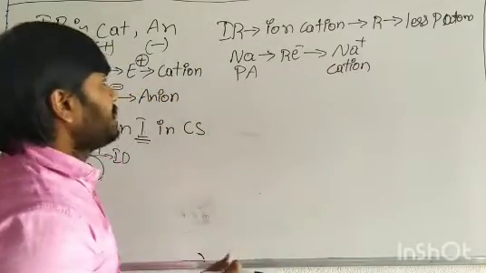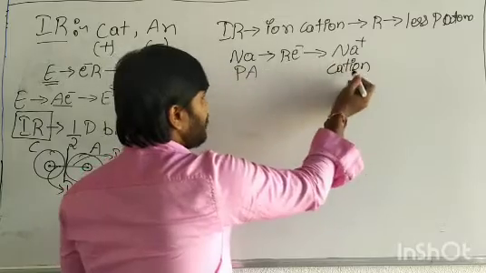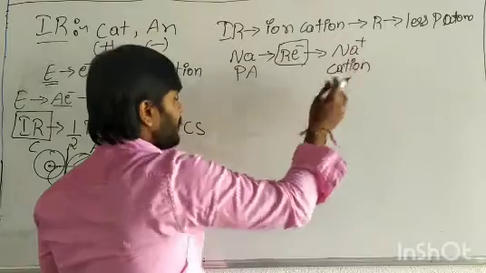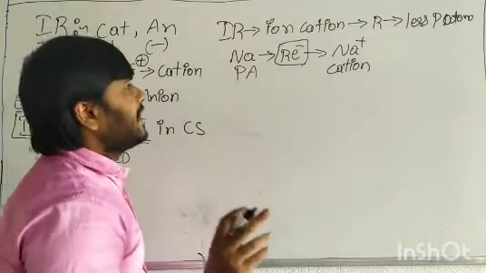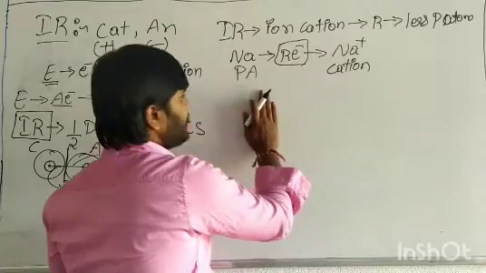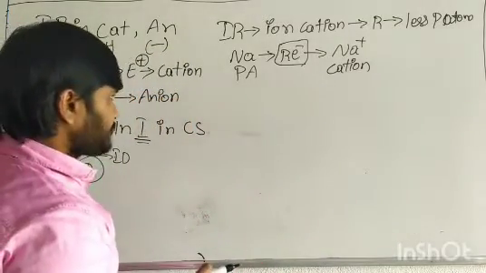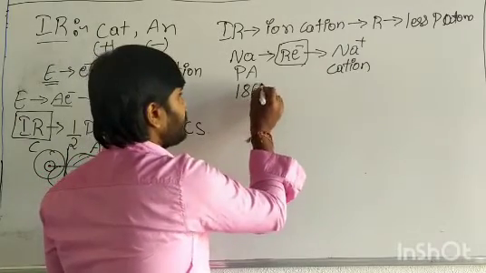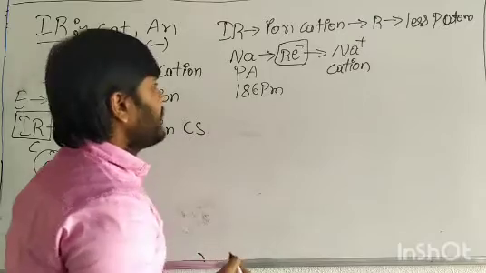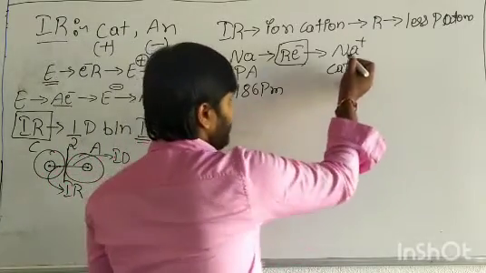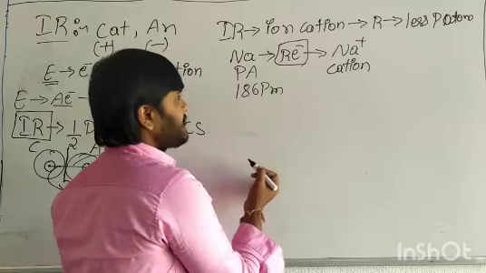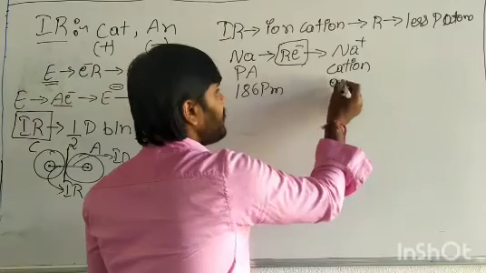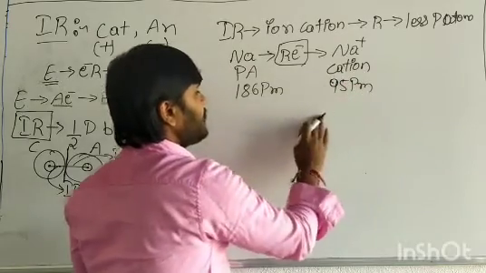Here you observe that if the atom is converted to a cation, by losing an electron, its radius will be less. Sodium has a radius of around 186 picometer, whereas in its Na plus cation the radius decreases to 95 picometer.